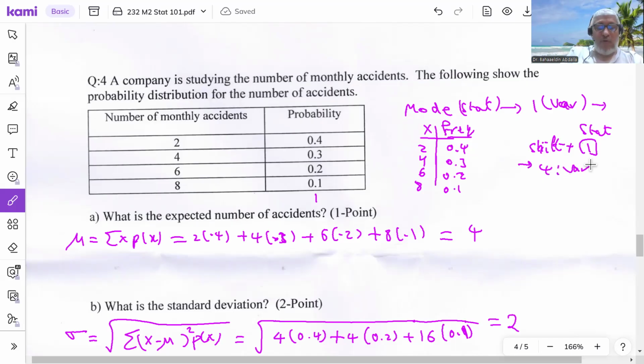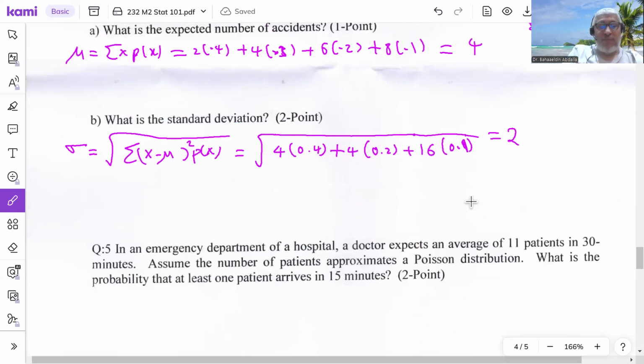And if you press number 4, you have x bar. So number 2 is x bar. This will give you mu, which is 4. And number 3 will give you sigma x, which is 2. So you check your answer. You may check your answer using this method, the calculator.